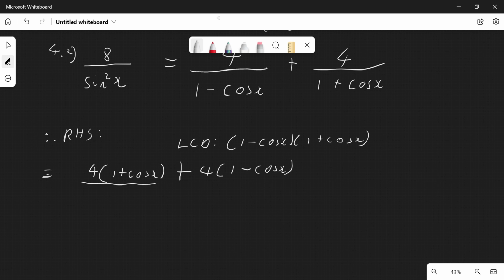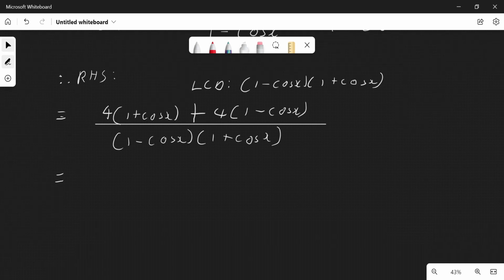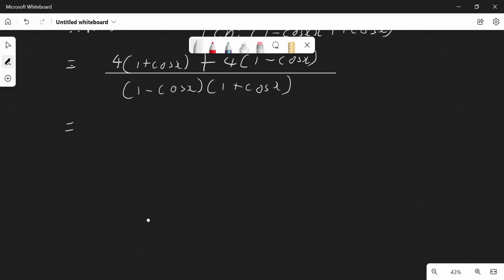And then here we have 1 minus cos x times 1 plus cos x. I've got bells ringing in my head right now, because if I look at this denominator, 1 minus cos x, 1 plus cos x, my brain is immediately telling me difference of two squares. But we'll get to that. Let's multiply our top here.